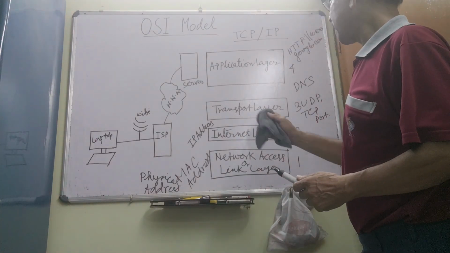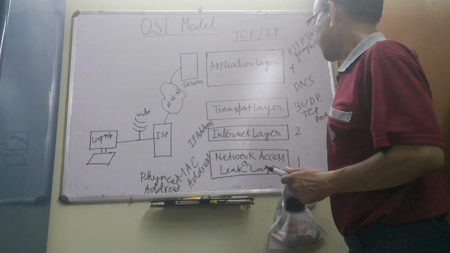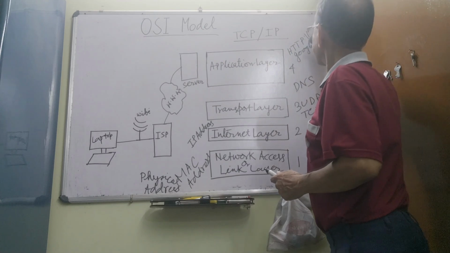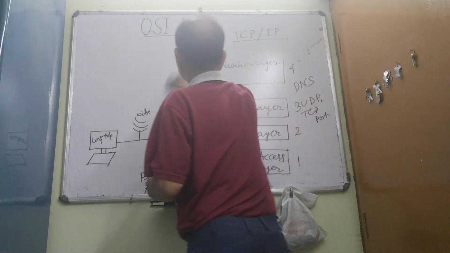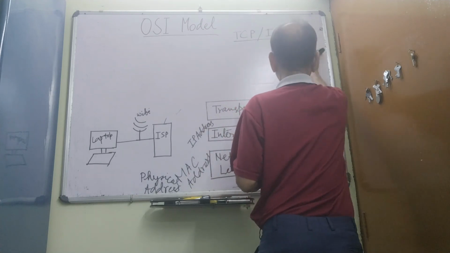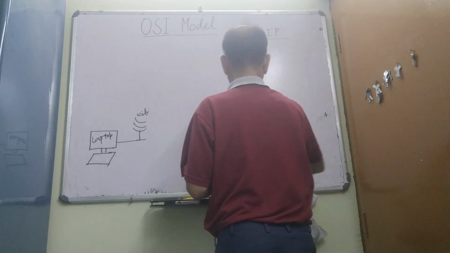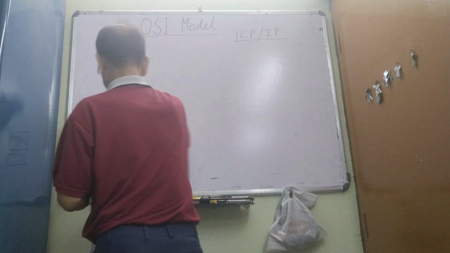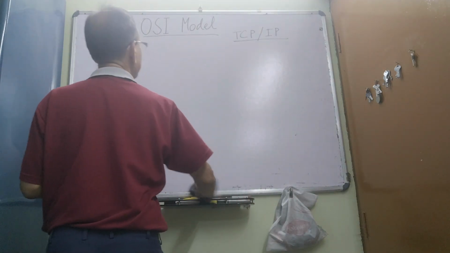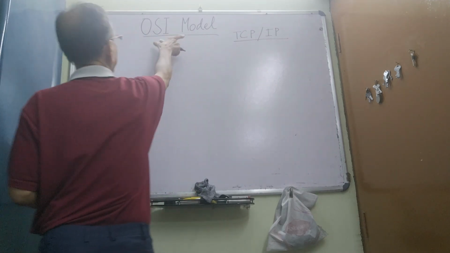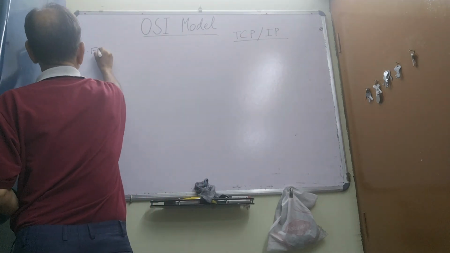Now what are the basic differences between the OSI model and TCP/IP protocol? There are 4 layers, as we have already discussed, and in the OSI model there are 7 layers. First I write here OSI model and TCP. First is the full name.